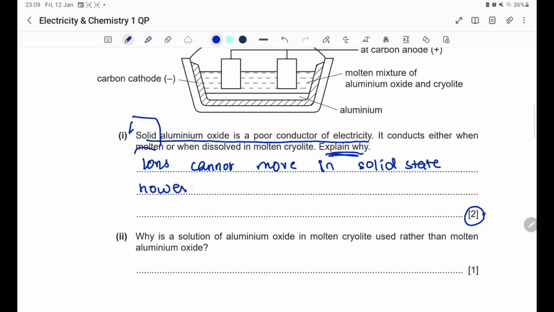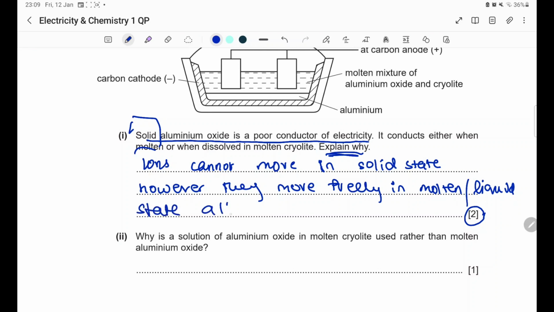However, they move freely in molten or liquid state, allowing conductivity.